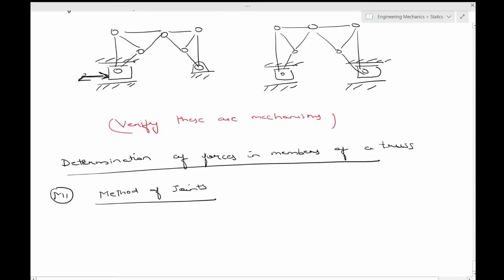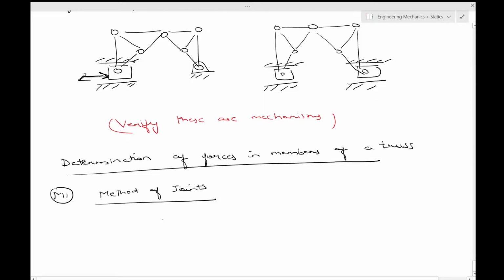What you have to do is take sections around each joint in a truss and draw the free body diagram showing all the pulling forces, and then apply the equilibrium equations for the joints.